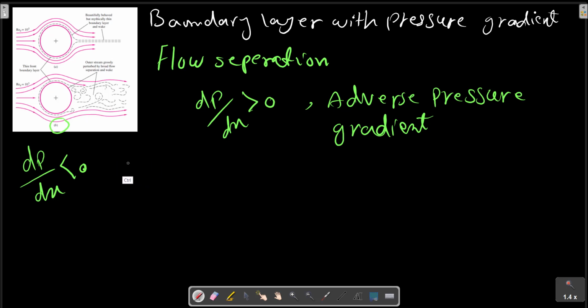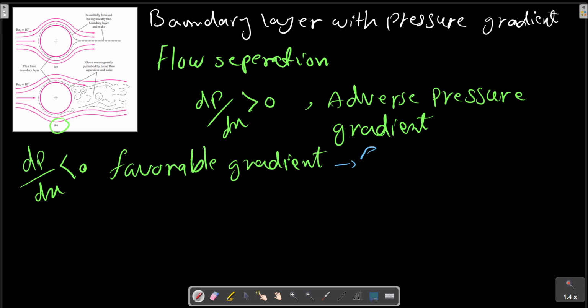With a favorable gradient, flow separation can never occur.